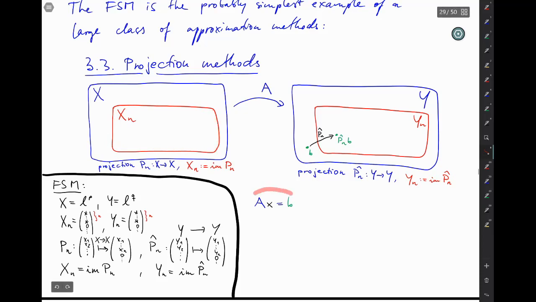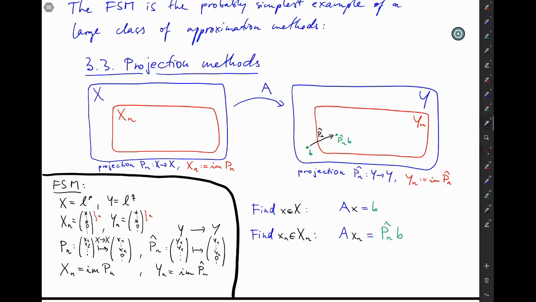So while here the problem was to find a solution x in X for which the equation holds, now the new problem is to find xn in the subspace Xn such that A xn equals this projected right-hand side Pn hat b, which is already in the subspace Yn.